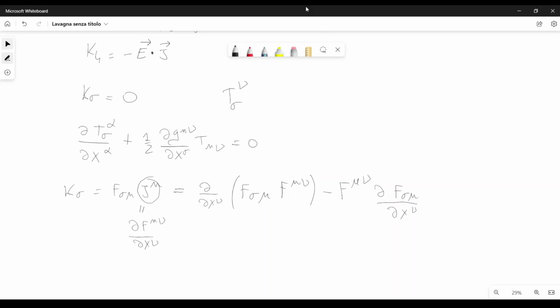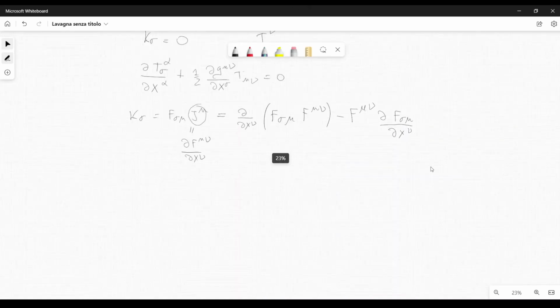Now, let's consider this term here. So we will try to do some manipulations of this term. This can be rewritten like this: f mu nu times. Now, we know that we can rewrite also this expression like this.